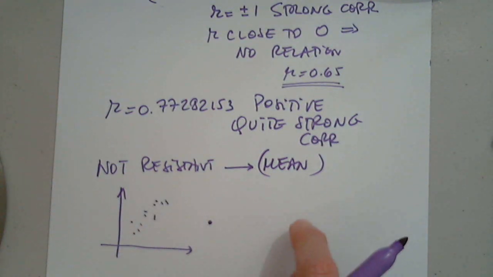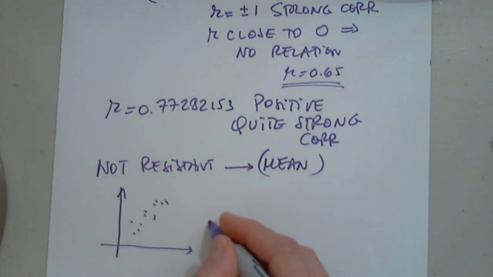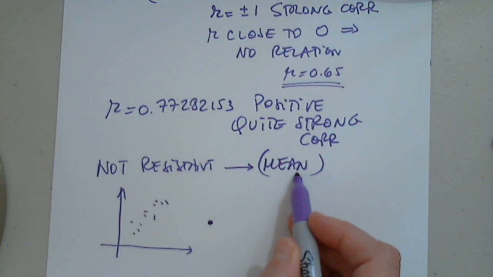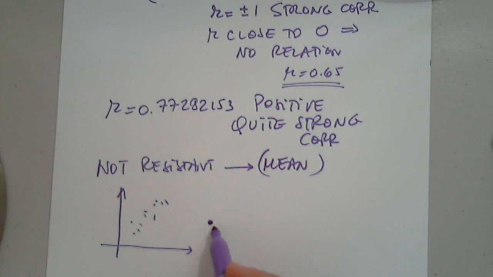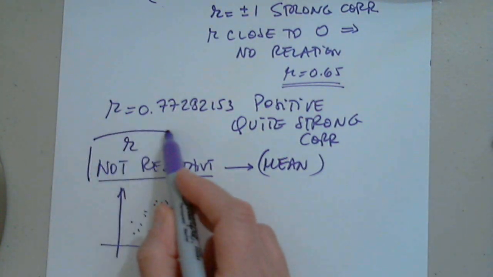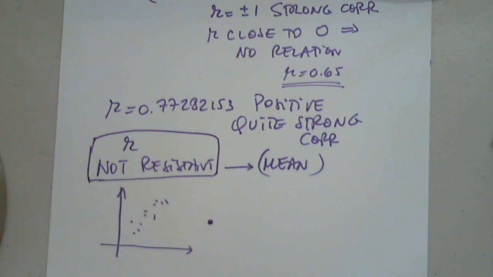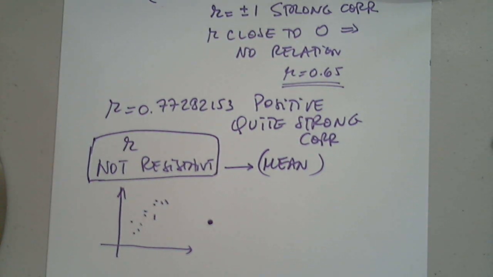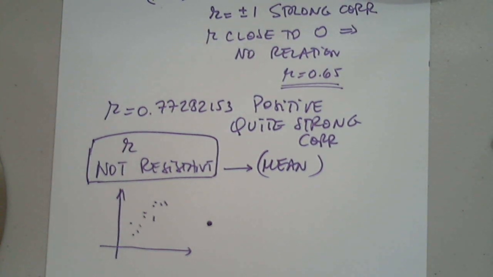If I want to calculate the mean of a data set and all of a sudden I have something out of the ordinary, an outlier, the mean will be pulled because now the whole distribution becomes skewed. The same thing with r. r is not resistant. Good. Any questions so far? Nope, I'm good. Okay, perfect.